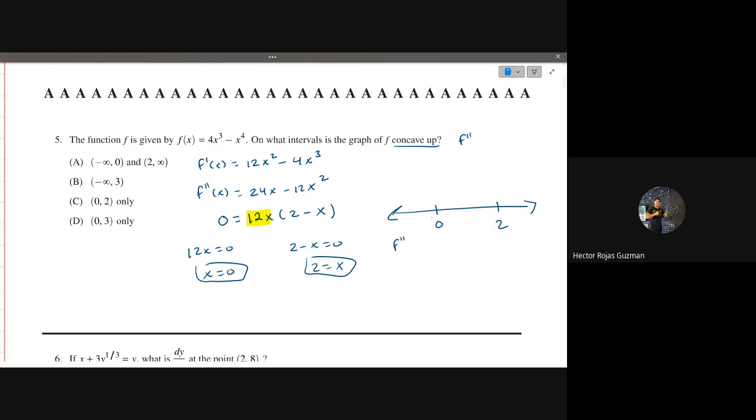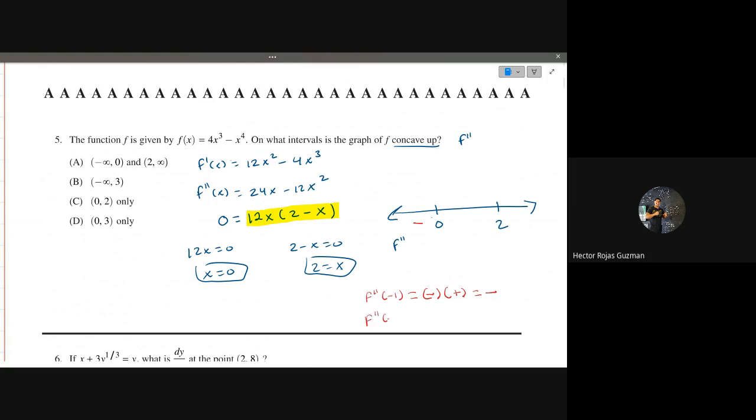I'm going to be using the factored form of the second derivative because it's always easier to handle. Watch. If I plug in negative 1 into my second derivative, I'm going to get negative 12 times 2 minus negative 1. That's a positive. But ultimately, we get a negative.